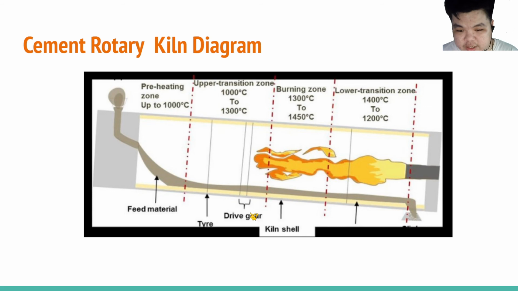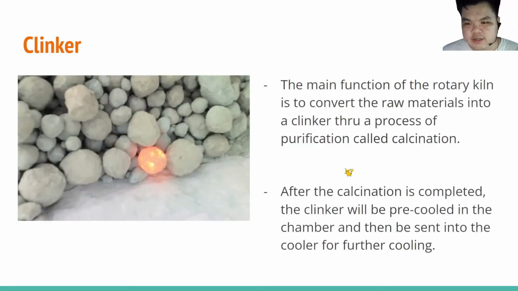While the drive gear rotates the kiln or the furnace, it also mixes these materials, making the perfect byproduct of this process, which is called the clinker. So the main function of the rotary kiln is to convert the raw materials into a clinker through a process of purification called calcination.